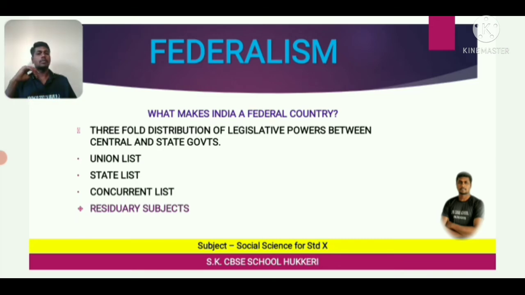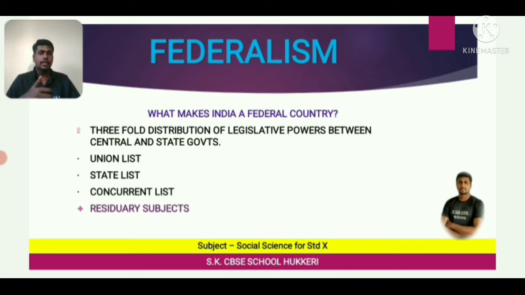While writing the constitution, computer software wasn't there, so that's why it was not included in the union list, state list or concurrent list. So the subjects which have recently emerged are called residuary subjects.